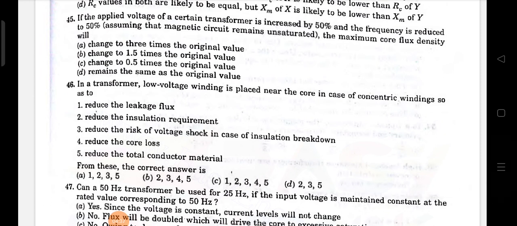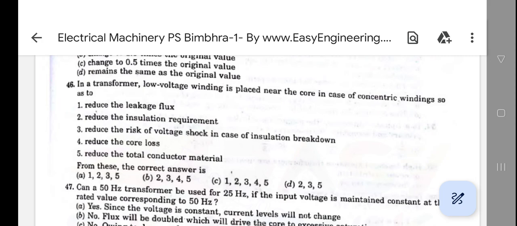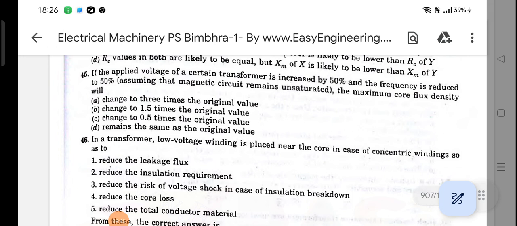That means V changes to 1.5 times of supply voltage. Next, frequency is reduced to 50%. That means F2 is reduced to 0.5.